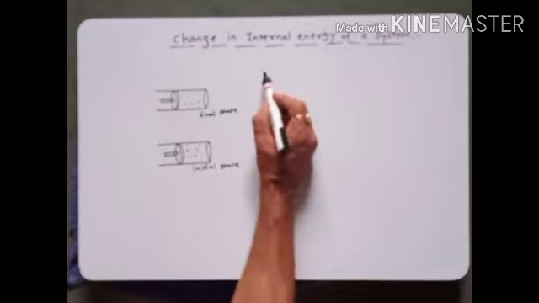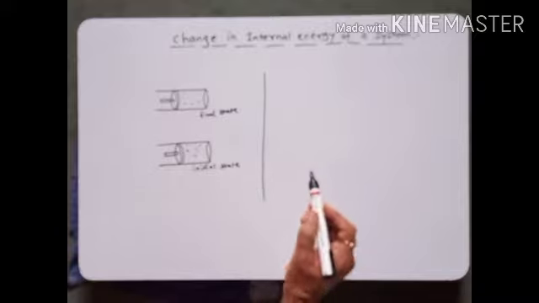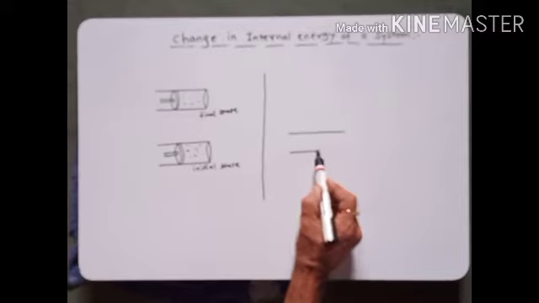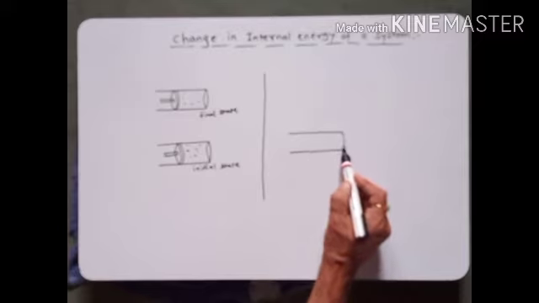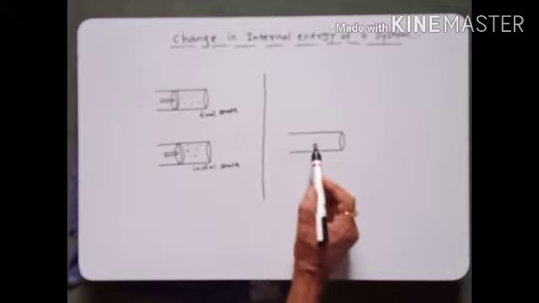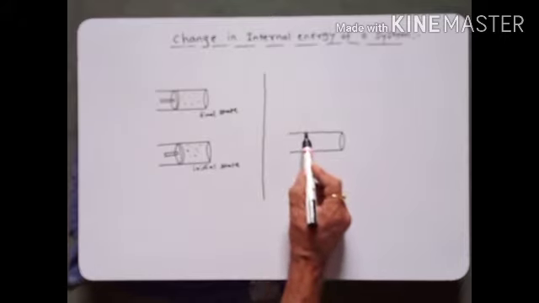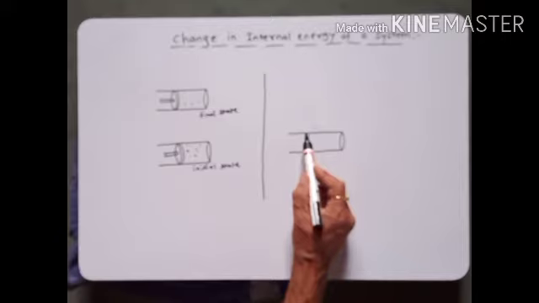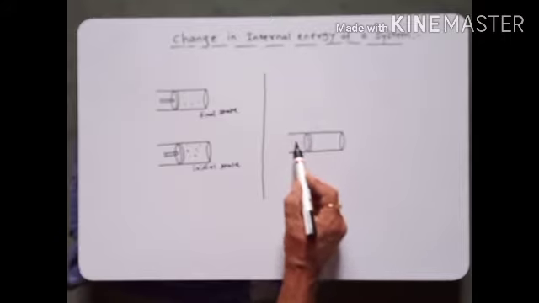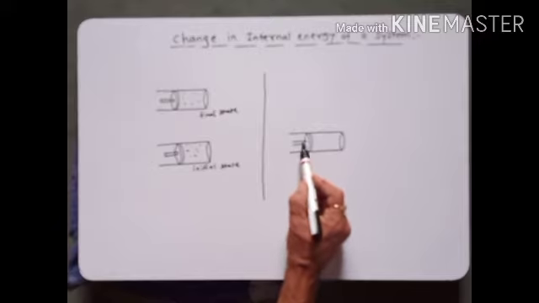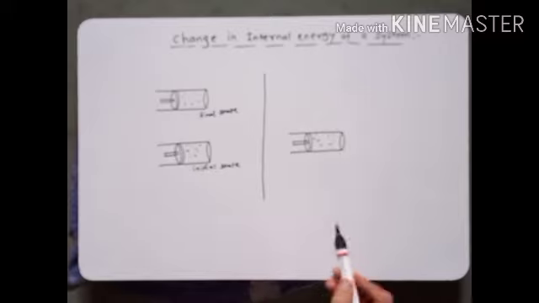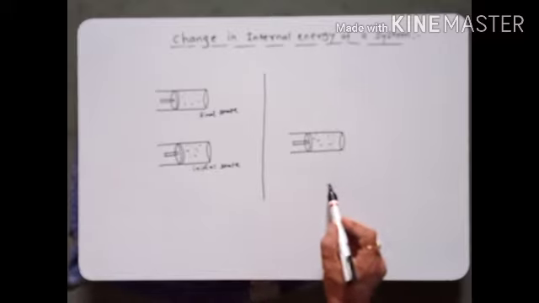Again we consider second case here. Suppose same cylinder is here, having same area of cross section, all those things are same. Suppose this is the piston. Suppose this is the gas. And we consider another one, same thing here.